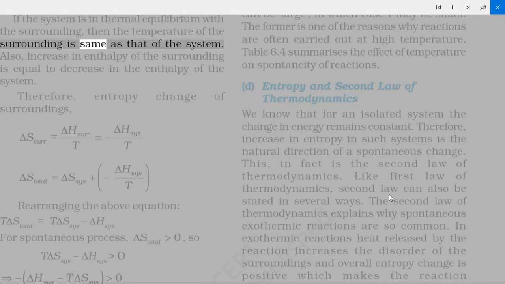Also, increase in enthalpy of the surrounding is equal to decrease in the enthalpy of the system. Therefore, entropy change of surroundings, ΔS_surr = −ΔH_sys/T, so ΔS_total = ΔS_sys + (−ΔH_sys/T). Rearranging the above equation, TΔS_total = TΔS_sys − ΔH_sys. For spontaneous process, ΔS_total > 0, so TΔS_sys − ΔH_sys > 0.